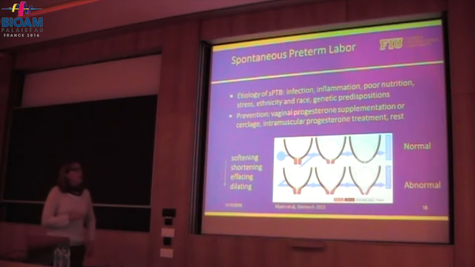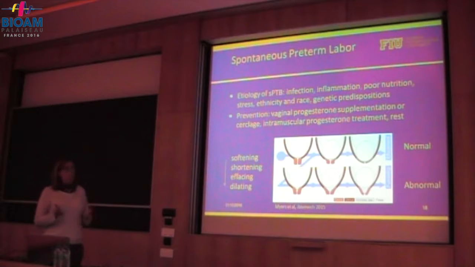So why do women go into preterm labor? There are a number of causes, and scientists and physicians are still trying to pinpoint the main causes, but infection, inflammation, poor nutrition, ethnicity seems to play a role, genetic predisposition, and stress, of course, cause preterm labor.